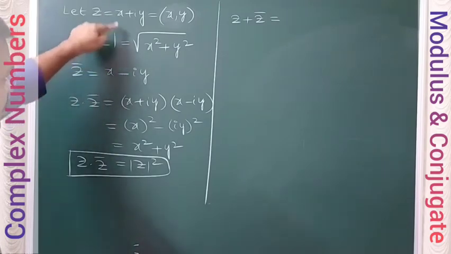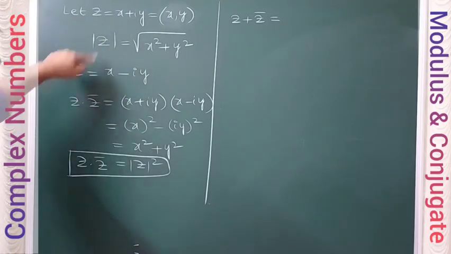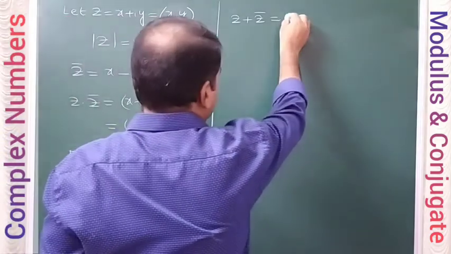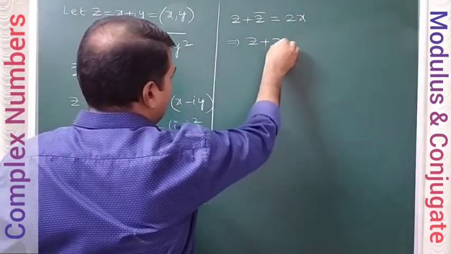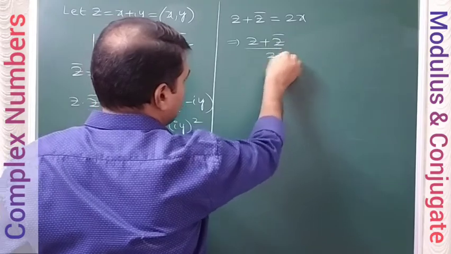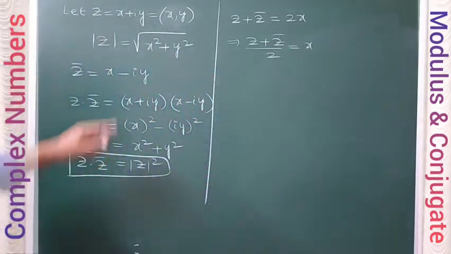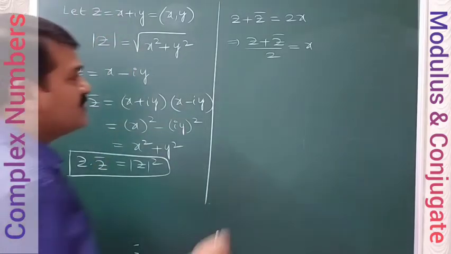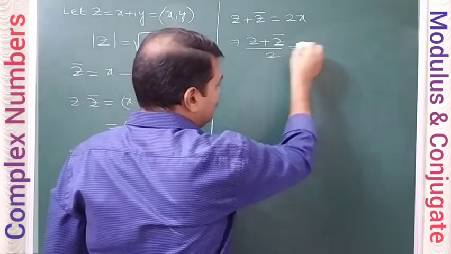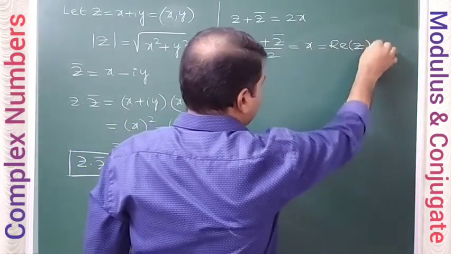When you add these two, iy gets cancelled, so z plus z bar means 2x you will get. Therefore z plus z bar by 2 is equal to x. X is the real part of z.